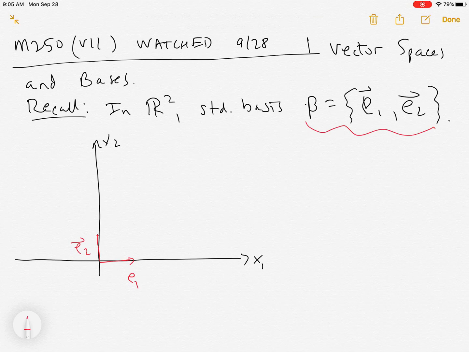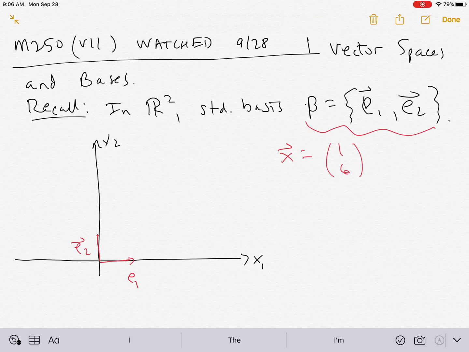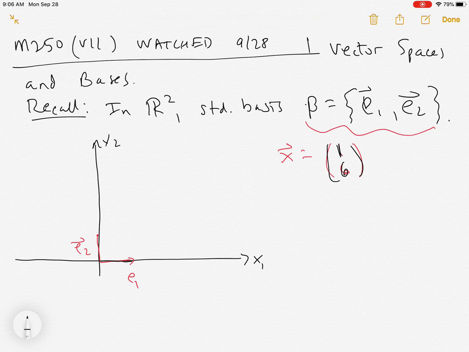the vector 1 comma 6, so we're going to let x be the vector 1 comma 6. I'm going to go over this way. So x is going to be 1 times 1 0 plus 6 times 0 1. And so in this game of chess, really, it's saying move over 1 unit in this direction, the E1 direction, and then move up 6 units in the 0 1 direction.